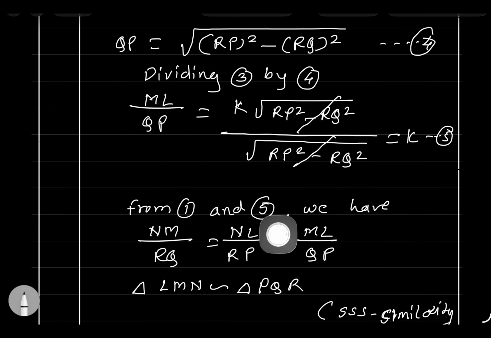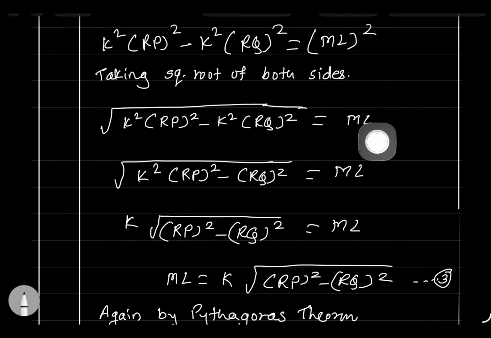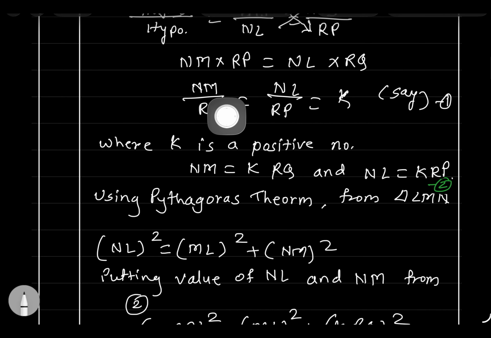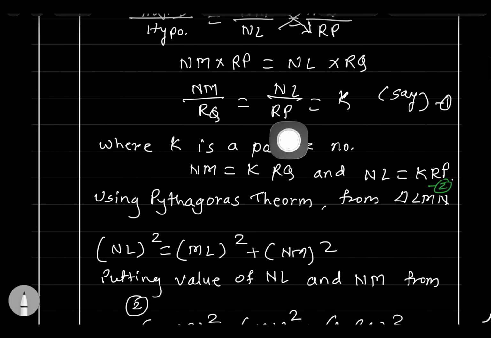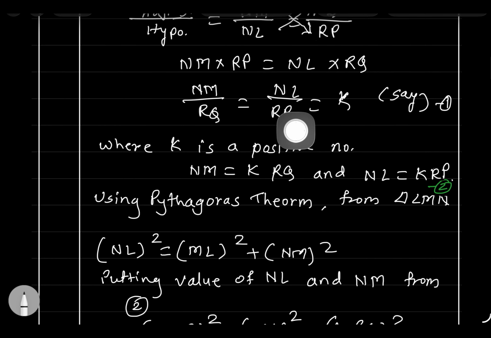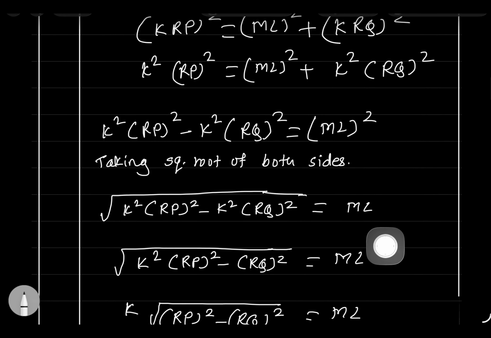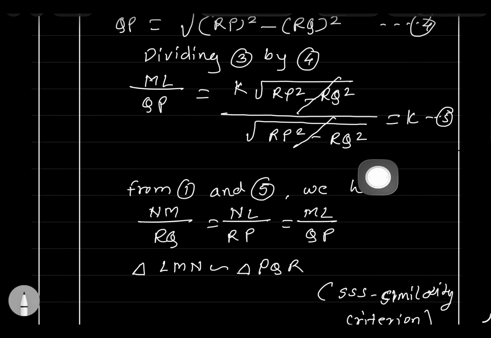From 1 and 5 we have. So from 1, what was there? Here in 1 we have written NM upon RQ equal to NL upon RP. Already these two sides we got. Now k, this we got in the fifth.